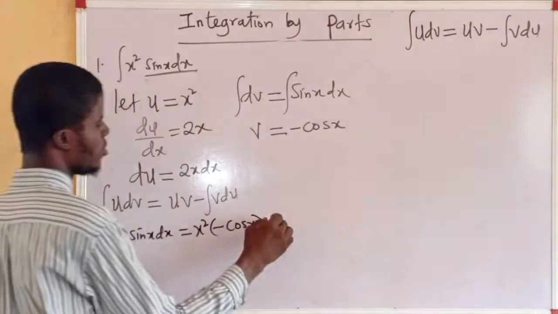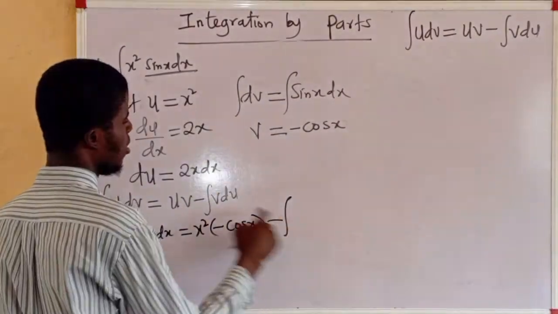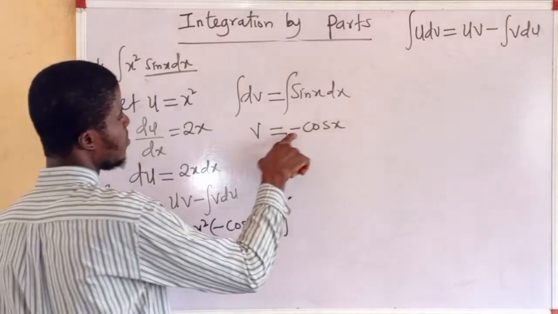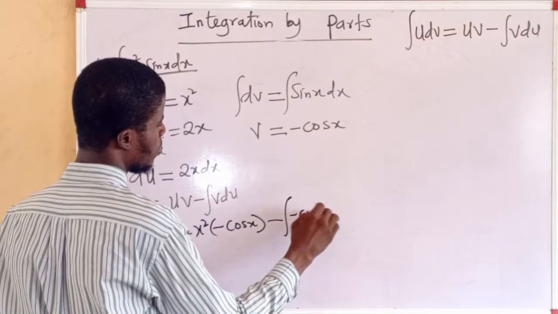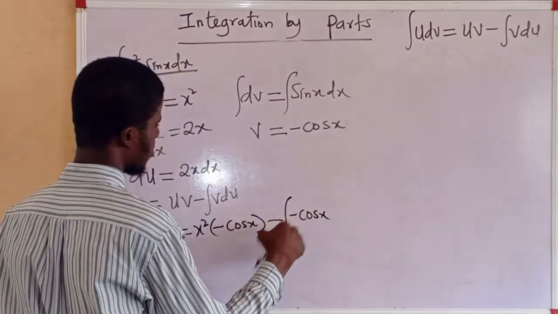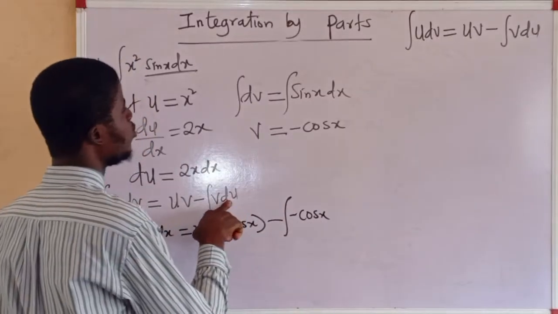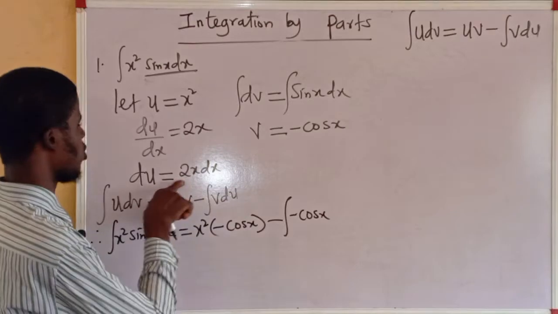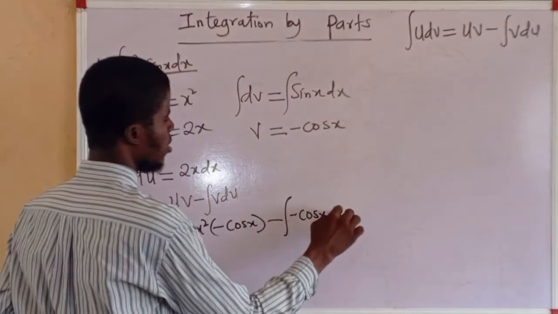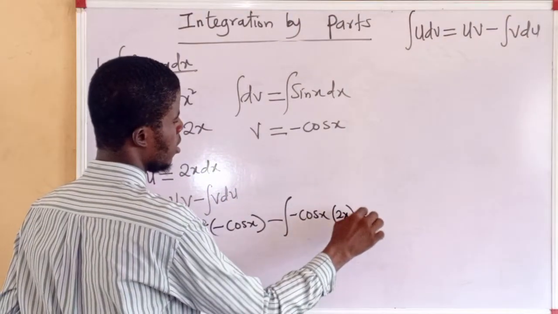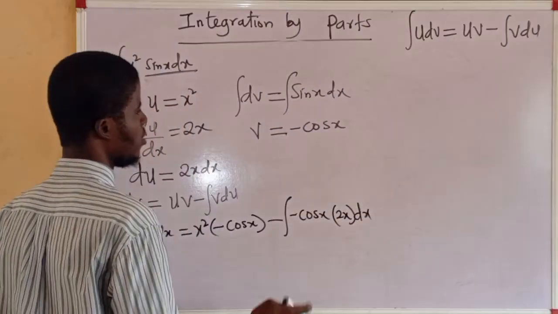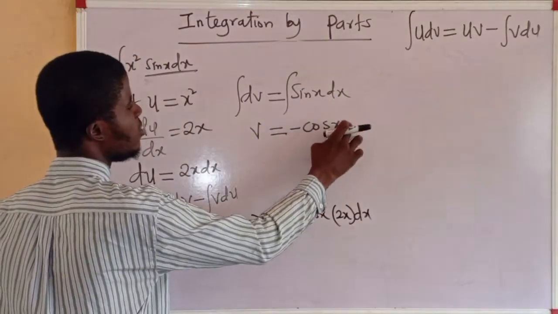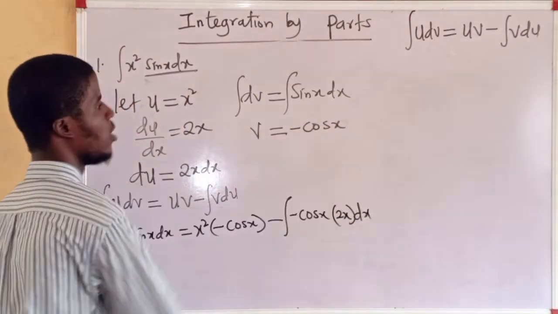Then minus the integral of v. v is minus cos x, times du. And du here is equal to 2x dx. Take note, we'll not add c to this minus cos x.